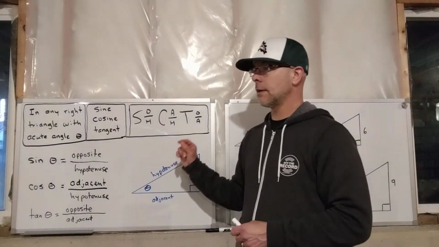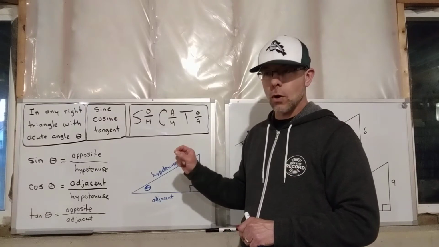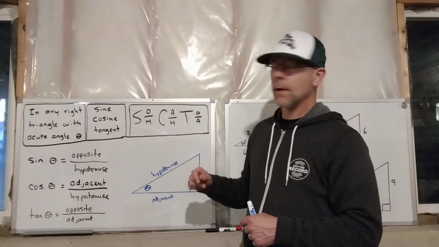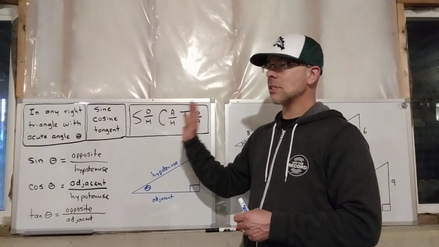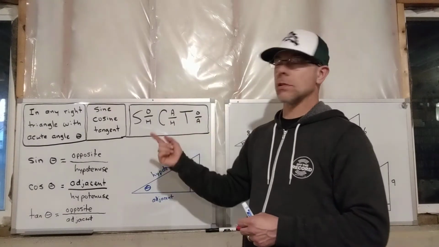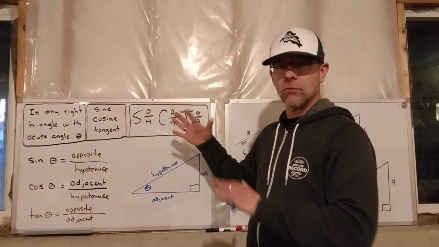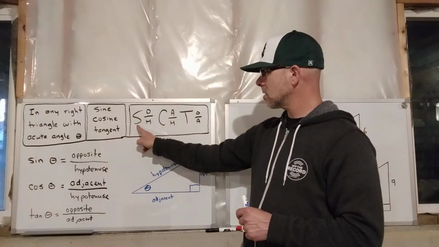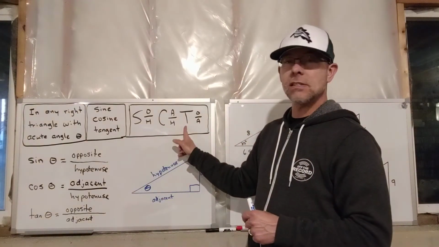Now, I shared what's known as this acronym before called SOHCAHTOA. Sounds like a weird word. It's really called an acronym, which means the letters in this weird word stand for something. Now, I wrote this a little bit different. I wrote it in like a weird fraction form so that you can remember the S stands for sine, this C stands for cosine, this T stands for tangent.